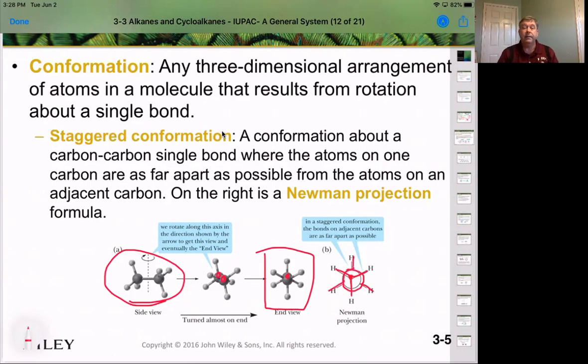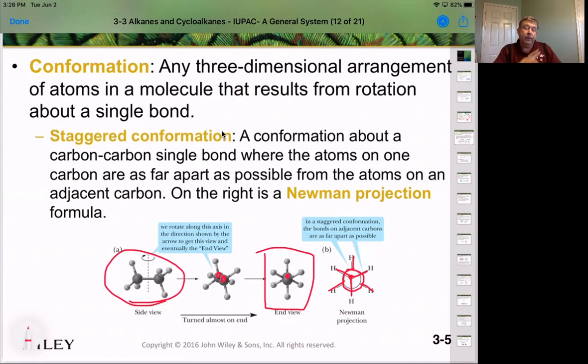Now, in the configuration where the hydrogens are separated as much as possible in our Newman projection, we call this our staggered configuration, okay? And that's because all of the hydrogens are as far apart from each other as possible, and therefore we call this our staggered conformation.